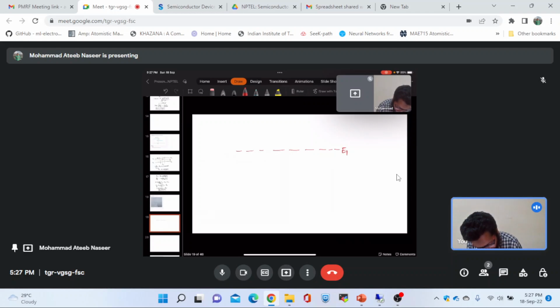If this is the Fermi level, it should be close to the conduction band on the N side, ECN, and it should be close to the valence band on the P side. So we will be having a band diagram that will be looking like this, and this will be the intrinsic region.